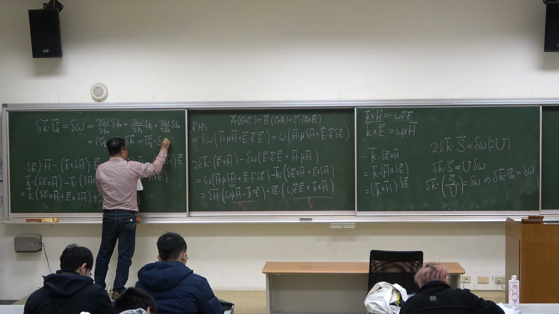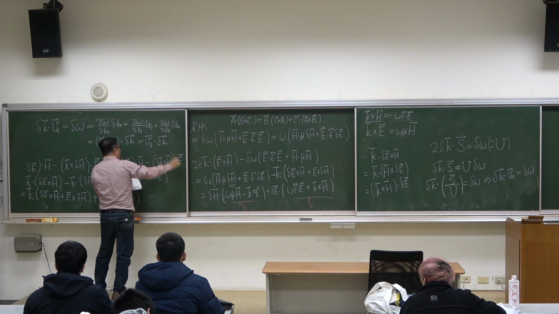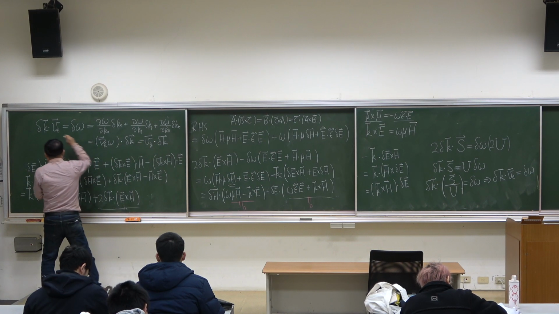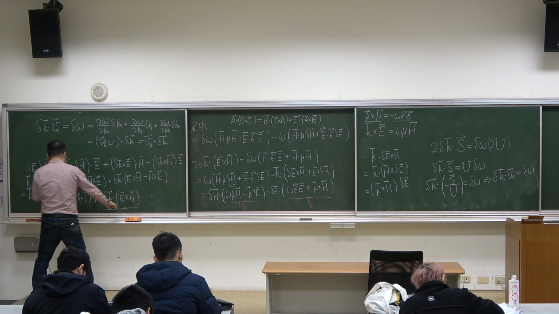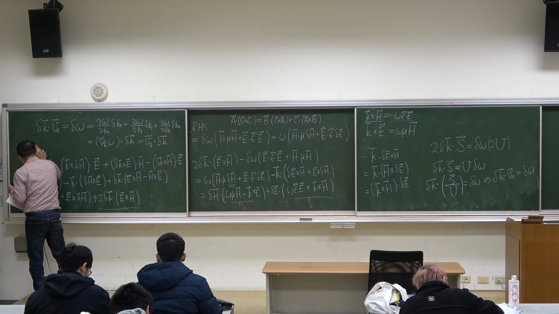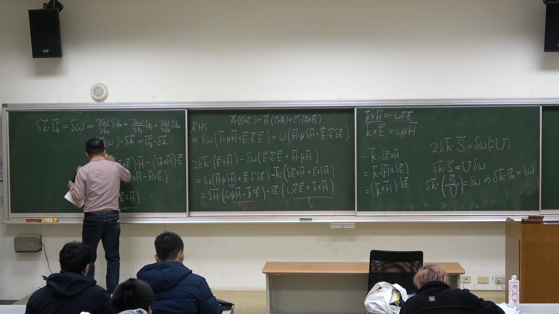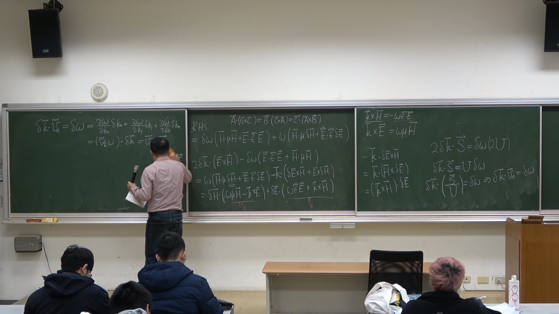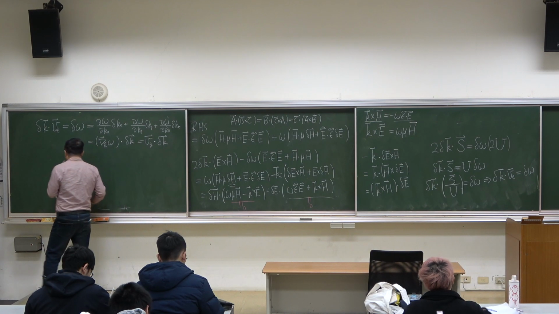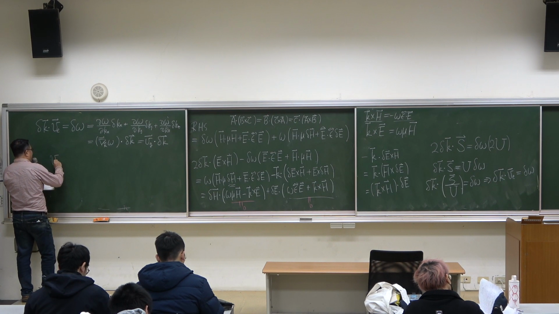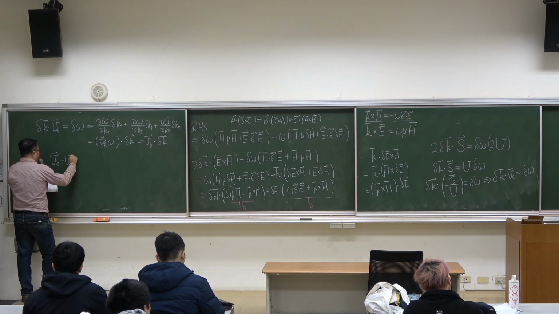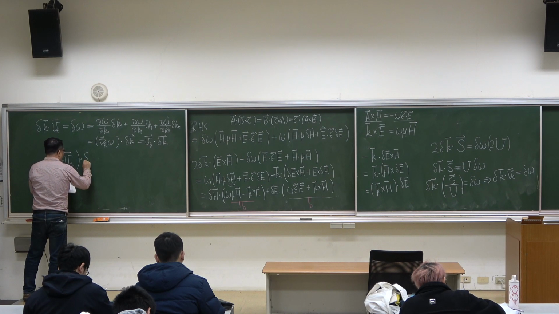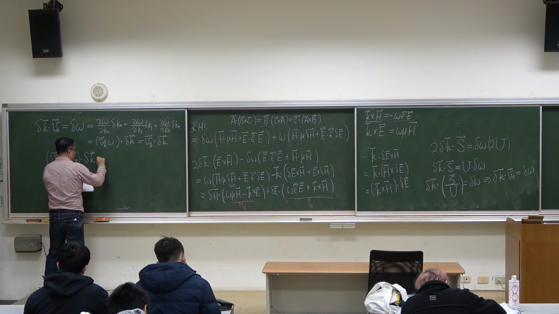So we have the right hand side equal to the group velocity dot delta k, and the left hand side we have delta k dot VE. So we find that VE minus VG dot delta k is equal to 0.